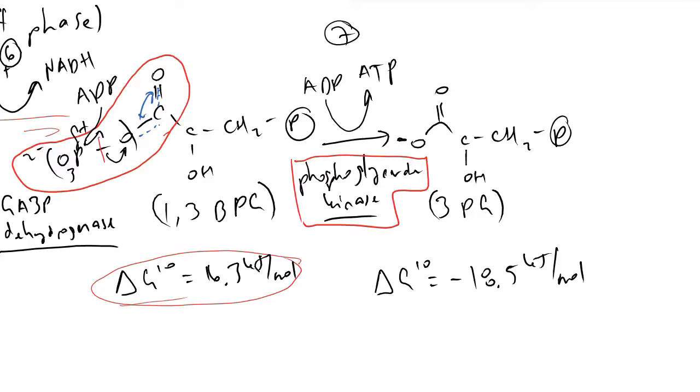And this is interesting because if we recall the value of ATP hydrolysis, we will remember that ATP hydrolysis has a value of minus 48 kilojoules per mole. And what that means is that the reverse reaction, ADP becoming ATP, will have a value of positive 48 kilojoules per mole.